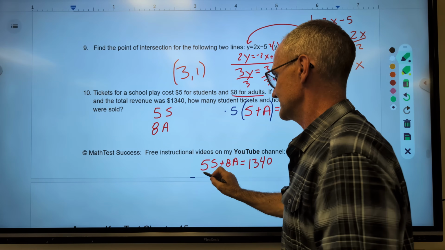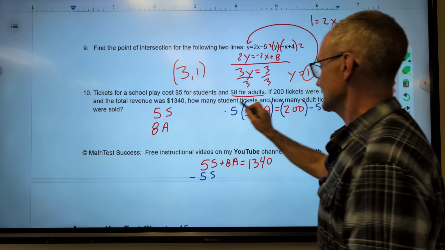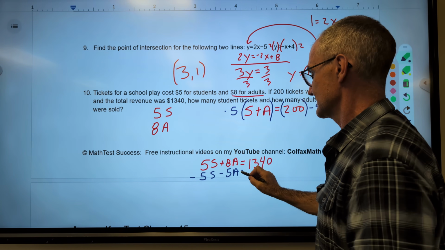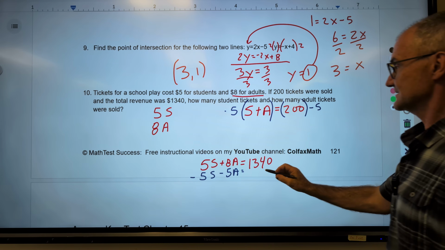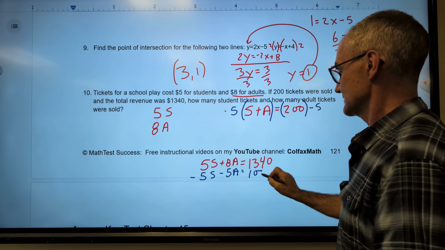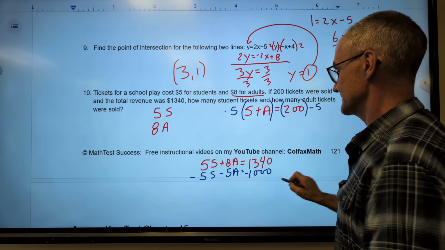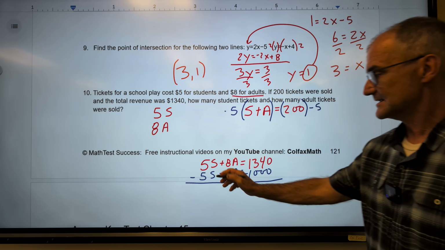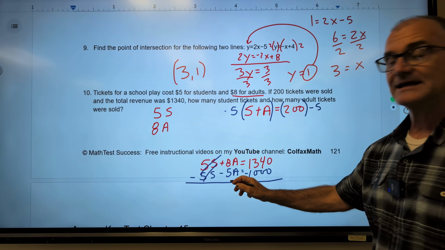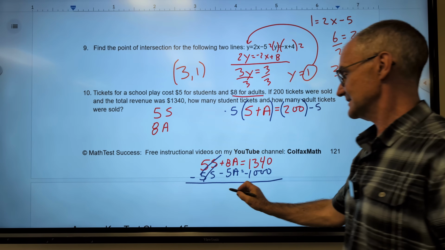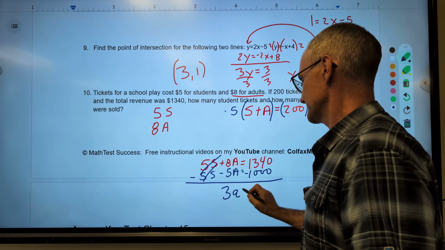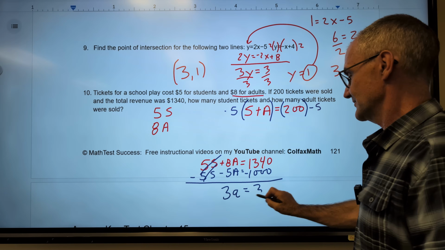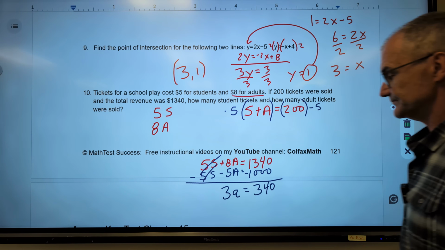So that gives me -5S, -5A, and -5 times 200, -1000. I add these two equations together. These cancel. 8A minus 5A is 3A. 1340 minus 1000 is 340.